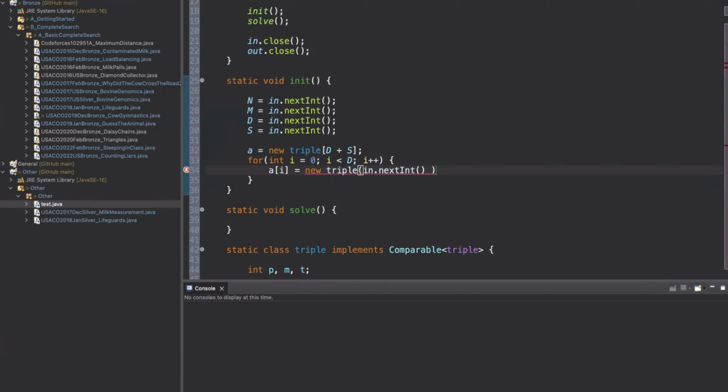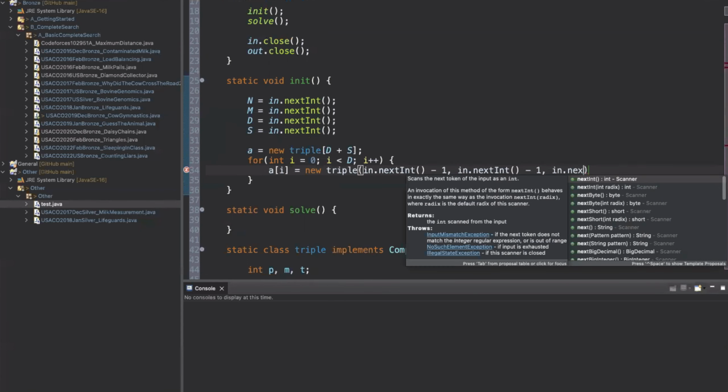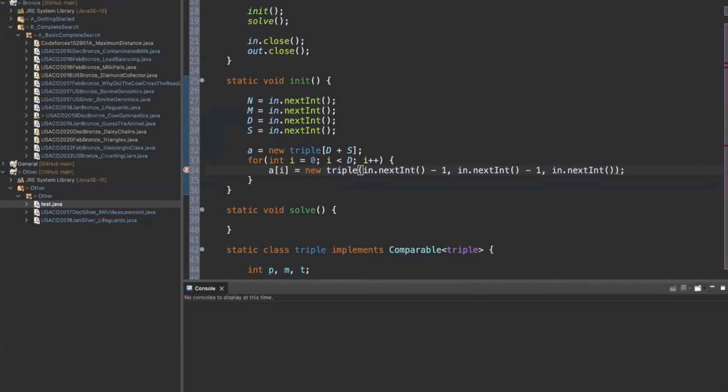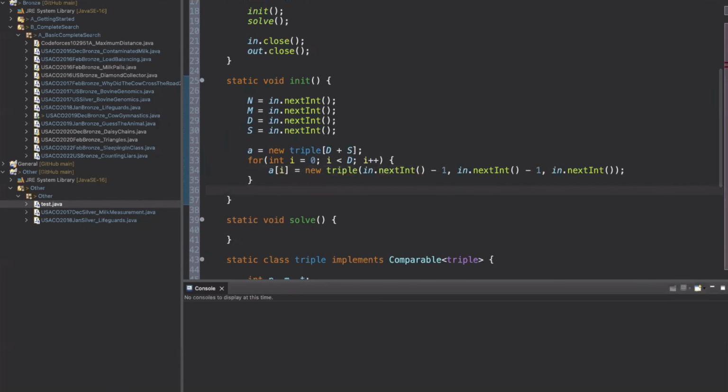And for each one, subtract one, except for the time. And do the same, except now with the sick events. So start from D and then end with S.